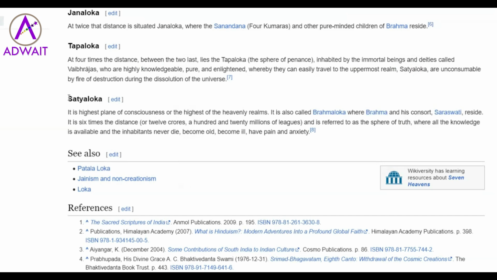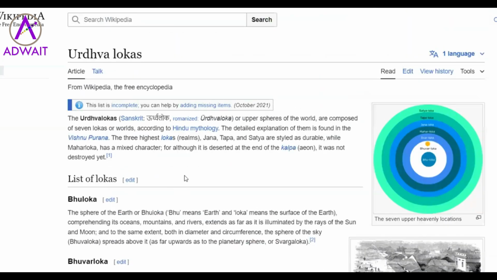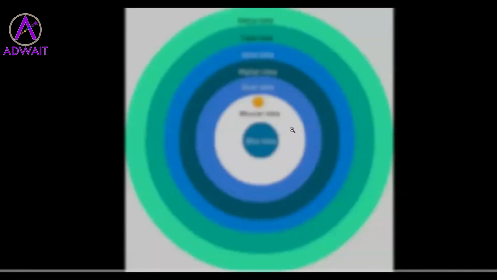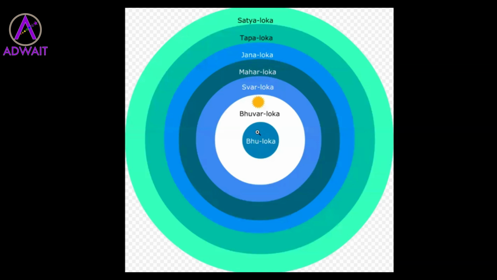Okay, Brahm, Satyaloka. So there are 7 lokas, and you see this diagram. Bhu, Bhuva, Swa, Maha, Jana, Tapa, Satya. So they are 1, 2, 3, 4, 5, 6, 7.